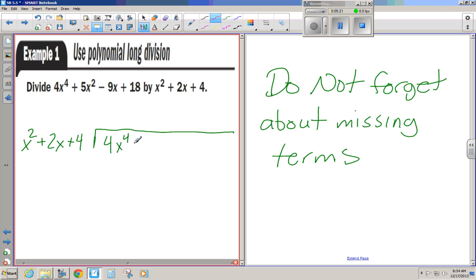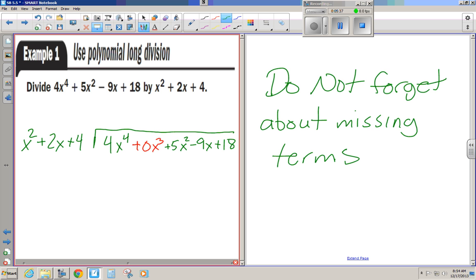What that means is you're missing a 0x cubed. Okay, barely fit it in there.